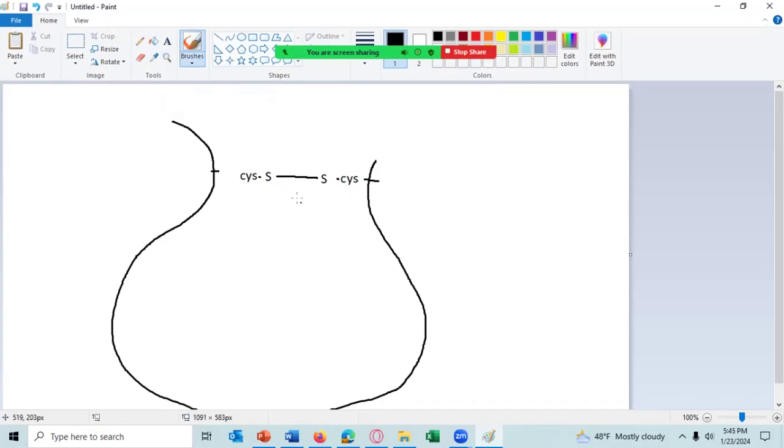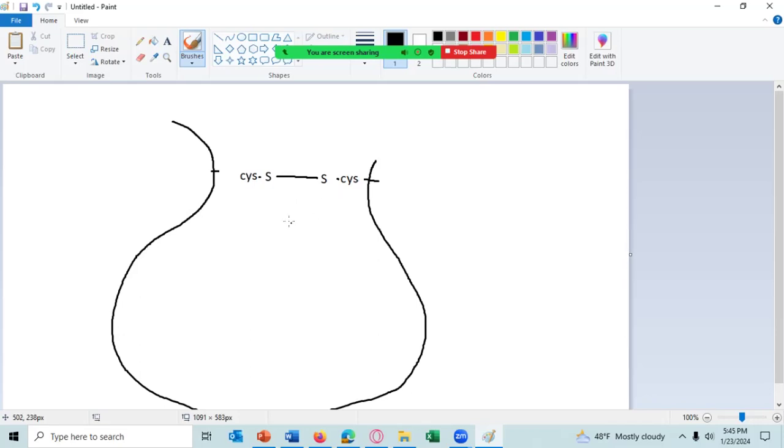This is a very strong bond, much stronger than a hydrogen bond. This is a covalent bond between these two cysteines that form. Any question about that?